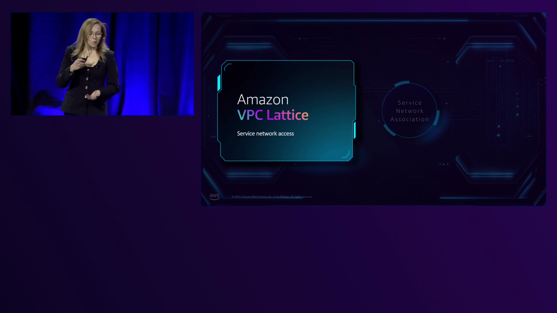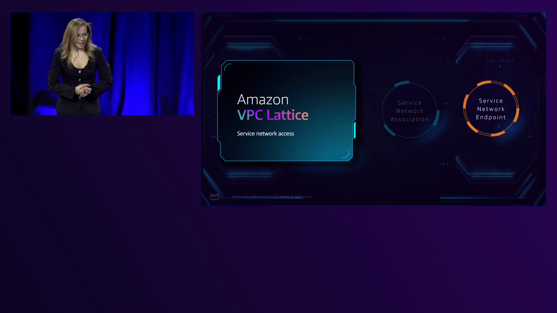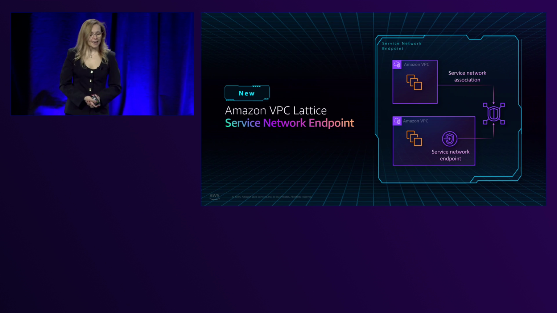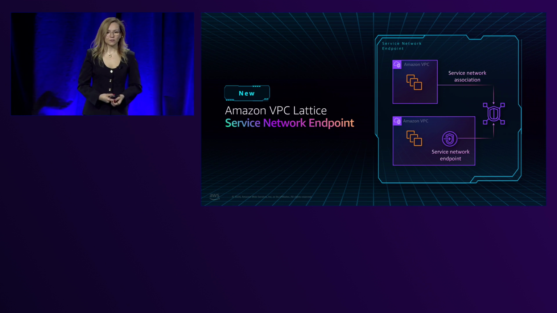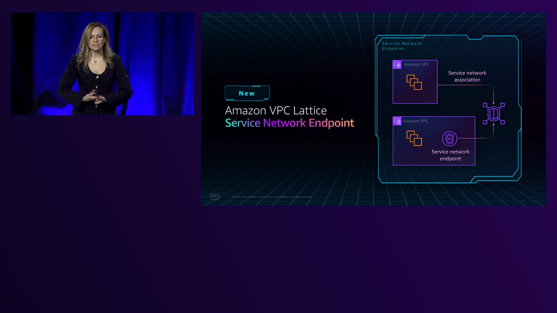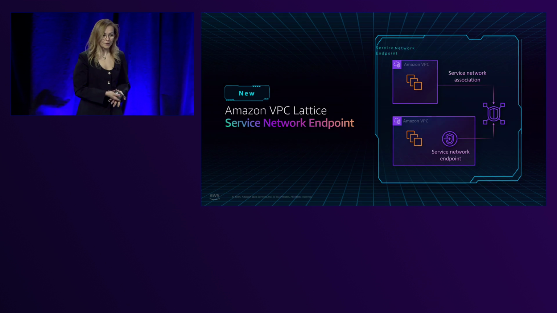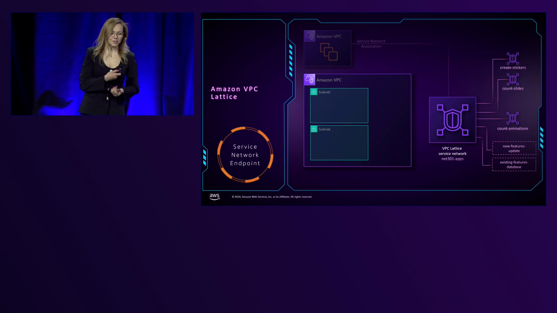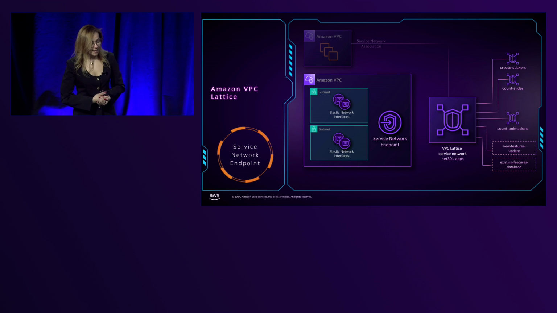Now, with service network endpoints, very similar to PrivateLink interface endpoints, you can access services in the service network using endpoints in your VPC. They work very similar to a PrivateLink endpoint.